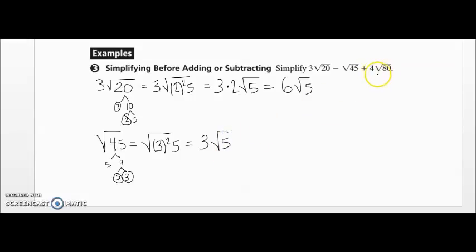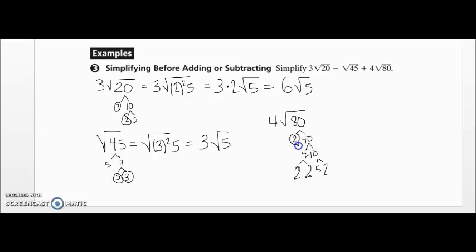Okay, the third one, we've got 4 square root of 80. Okay, 80 we could split into 2 times 40. 40 into, let's say, 4 and 10. 4 I could split into 2 times 2. And 10 into 5 times 2. All right, let's see what we've got pairs of.